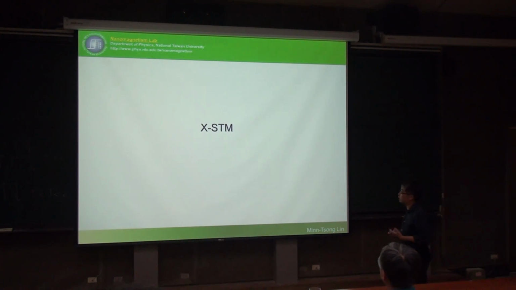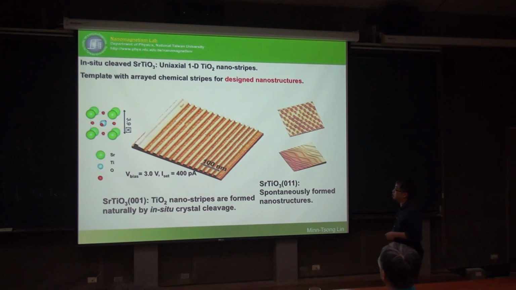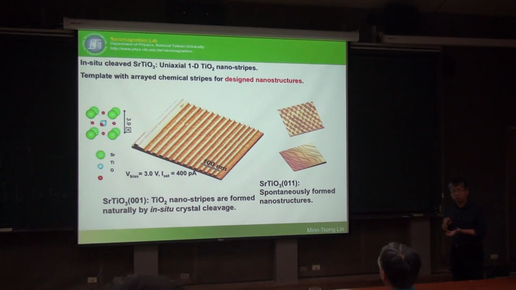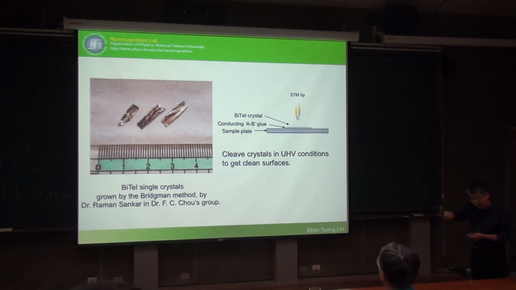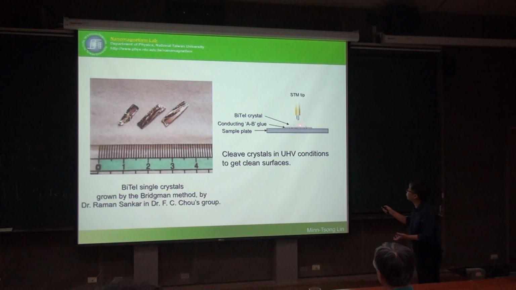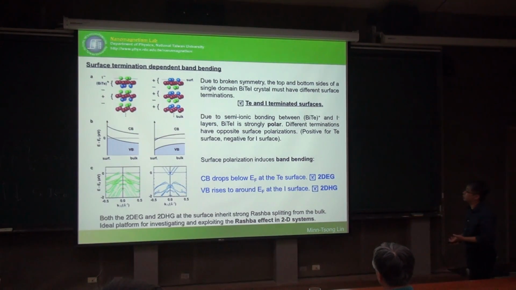If you would like to get a good surface, you need to do some in situ cleavage. I will show you this one. So he developed a technique to cleave the surface and explore it in situ. Because such a system has a layer structure, you can get a beautiful surface here.